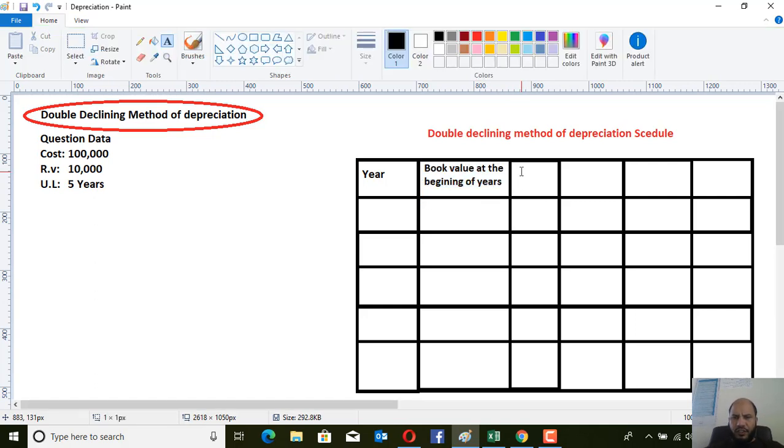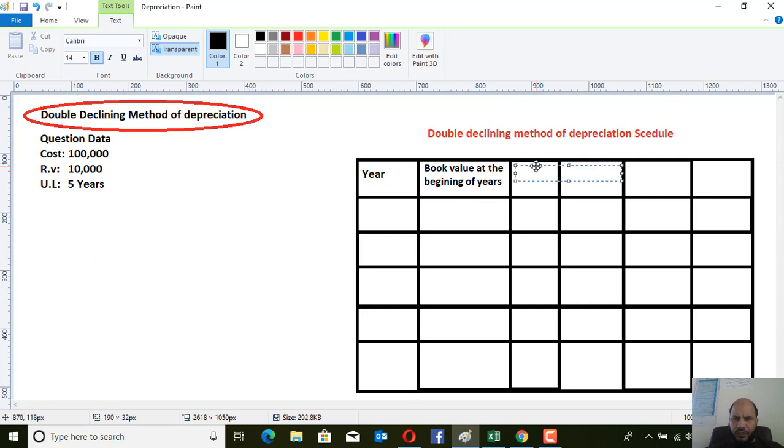And this is the rate of depreciation, DEP standing for depreciation.